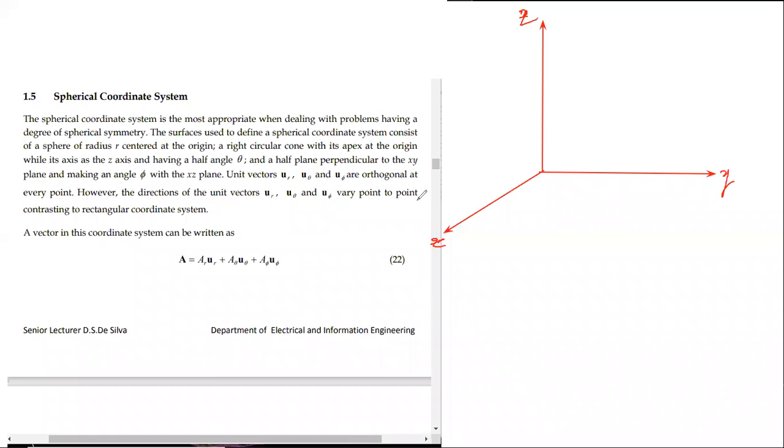In this case, I will refer to a distance and two angles to locate any point in 3D space. For example, I refer to a spherical shape to locate any point.